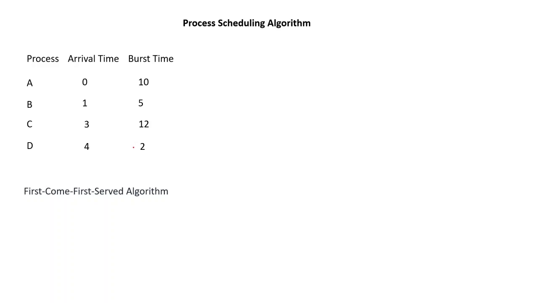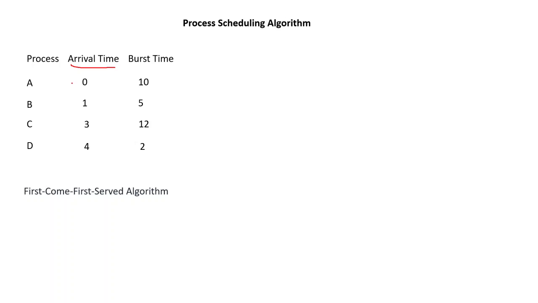Only the arrival time matters. You just sort them according to arrival time, and whichever has come earliest will execute first. So basically it's like a queue. Whoever comes first will be served first.